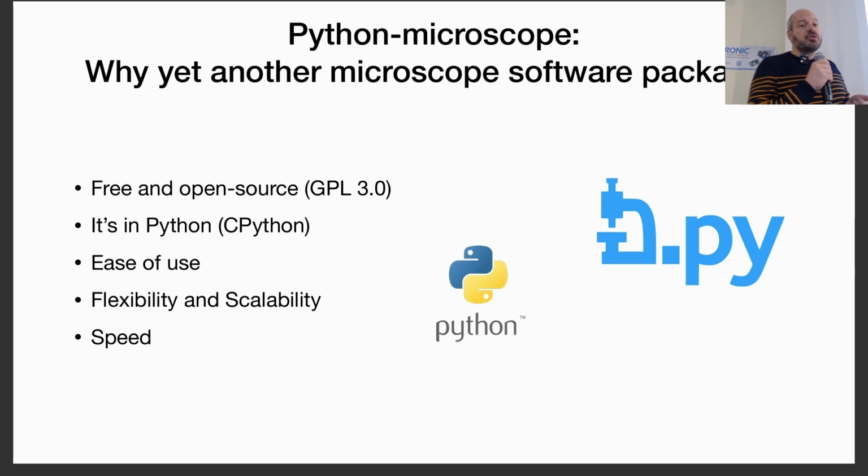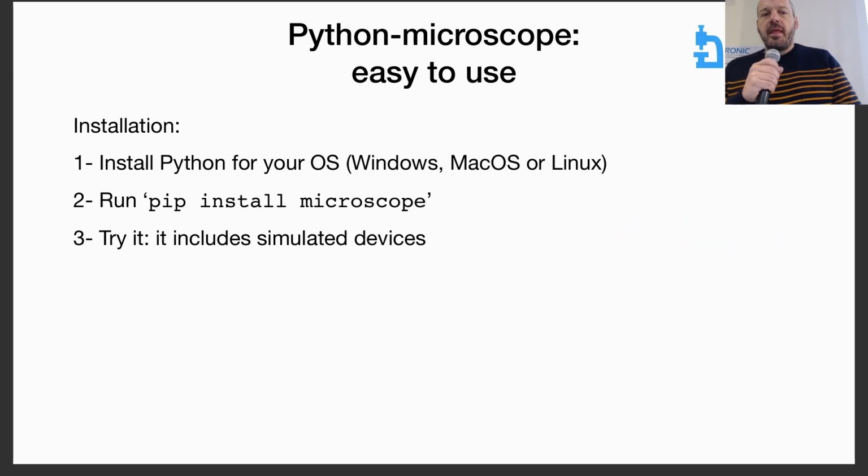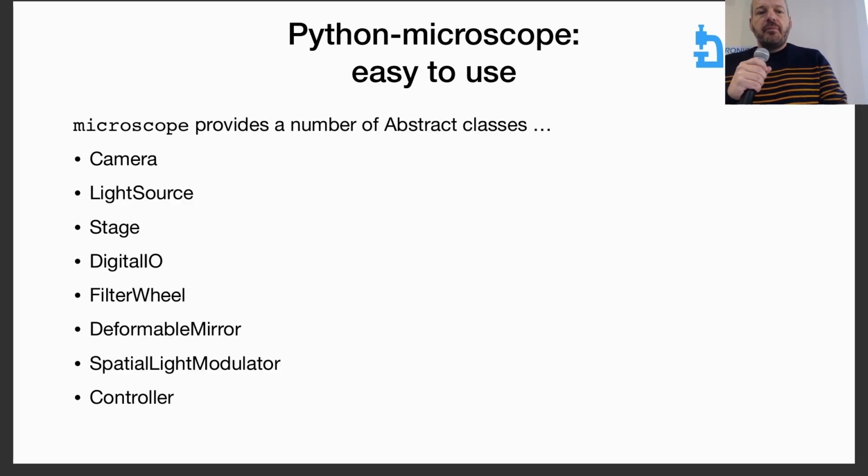It's easy to use, flexible and scalable, and it's also built with the idea of providing speed. Installation is very simple: pip install microscope, and then you can just run it. It includes simulated devices, so you can play without hardware devices connected.